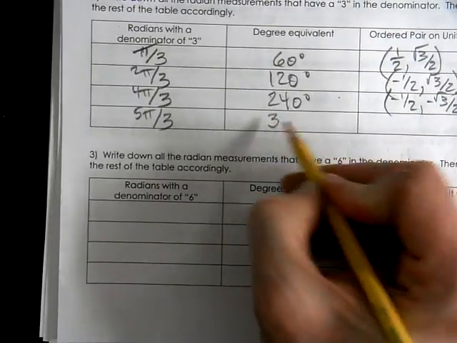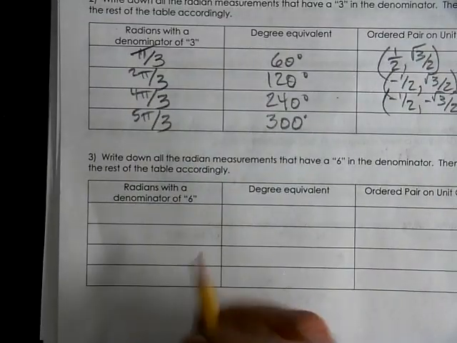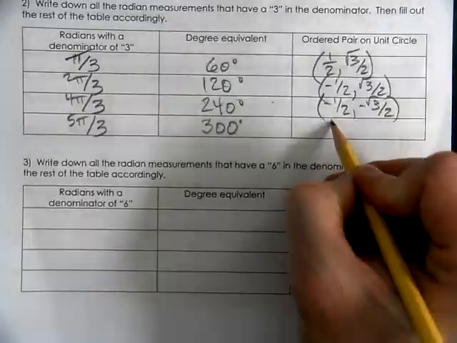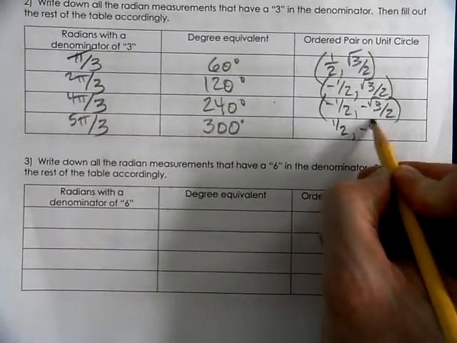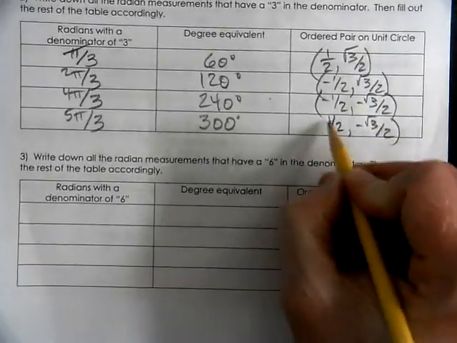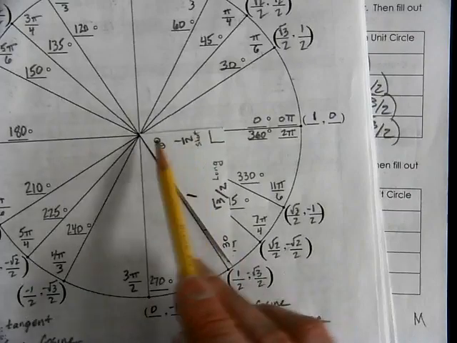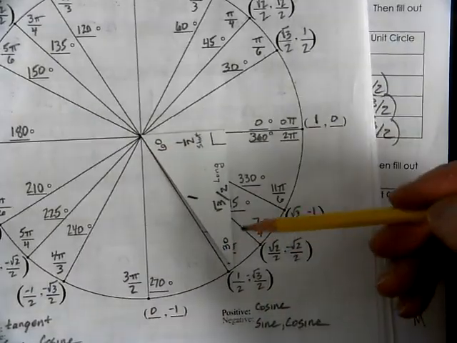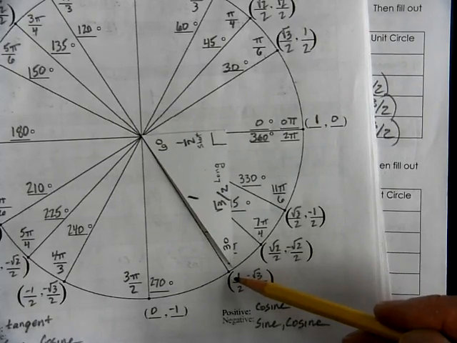So that's 300 degrees. That's over a short distance for x, which is positive, and it's down a long distance for y, because your short is your x in this case, and your long is your y to get way down here, towards the bottom of the circle.